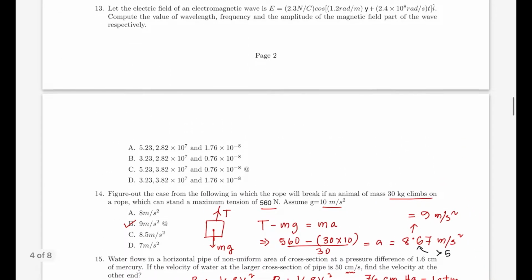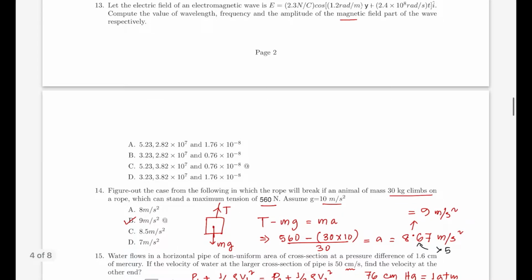Question 13 says let the electric field of an electromagnetic wave be given as this, and compute the value of wavelength, frequency and the amplitude of the magnetic field part of the wave respectively.